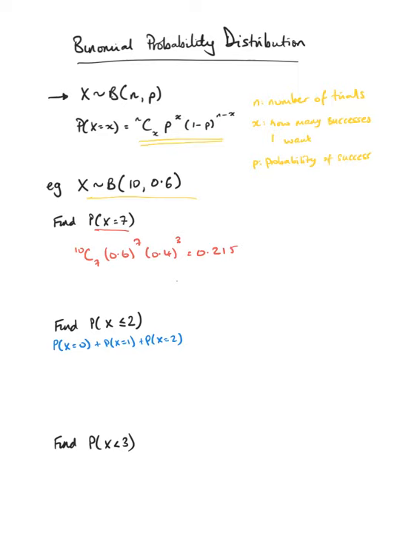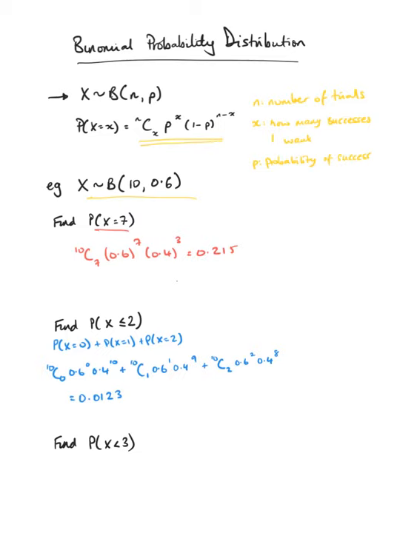So again, I can just substitute my numbers in. And if you put that on your calculator, it equals 0.0123, so 3 significant figures.